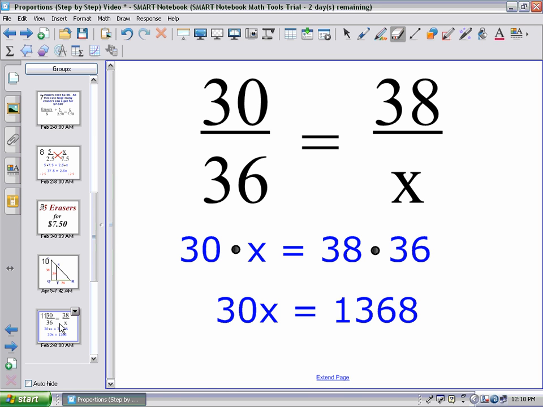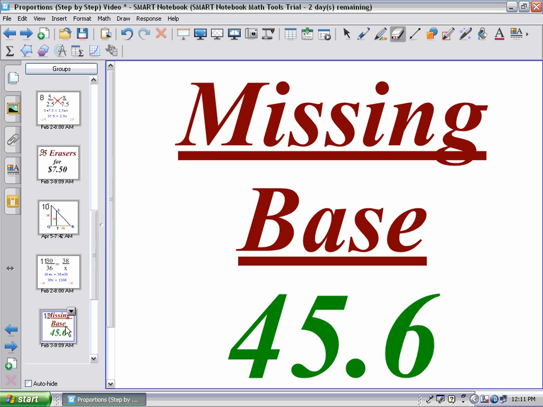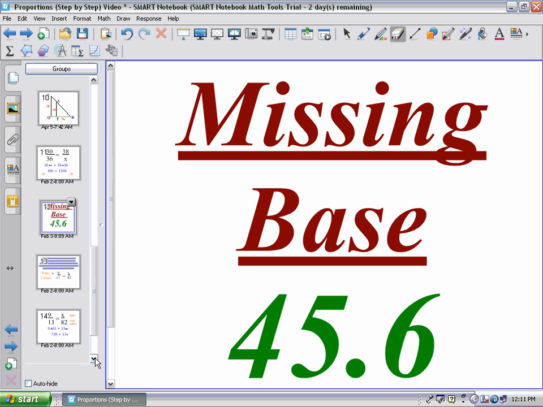Now I got to get x by itself, so the opposite of multiplying by 30 is dividing both sides by 30. When I divide each side by 30, I get my missing base. The missing base of the larger triangle is 45.6. Remember, sometimes your answers come out to be fractions, sometimes they have decimals involved. It's okay, just get used to this.